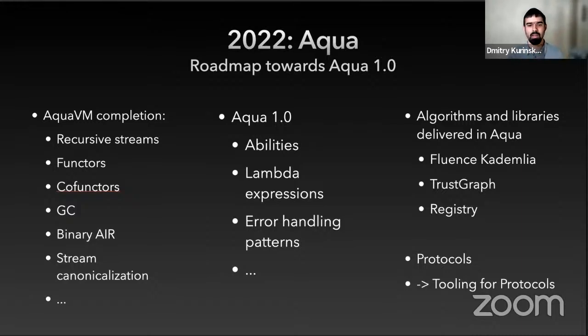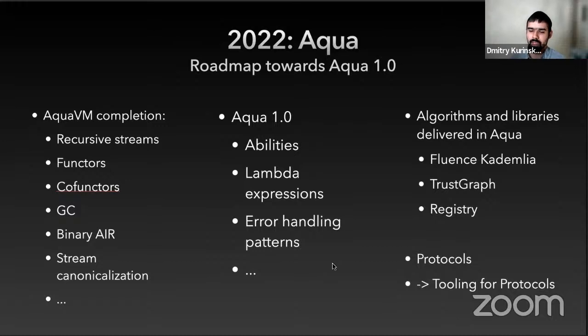And these features unlock different features of the high-level language of Aqua, like abilities, the modularization, and internal composability approach of Aqua, lambda expressions or handling patterns, and more primitives. And the goal for these language primitives, for this syntax and semantic, is to provide algorithms and libraries which are to be delivered in Aqua.